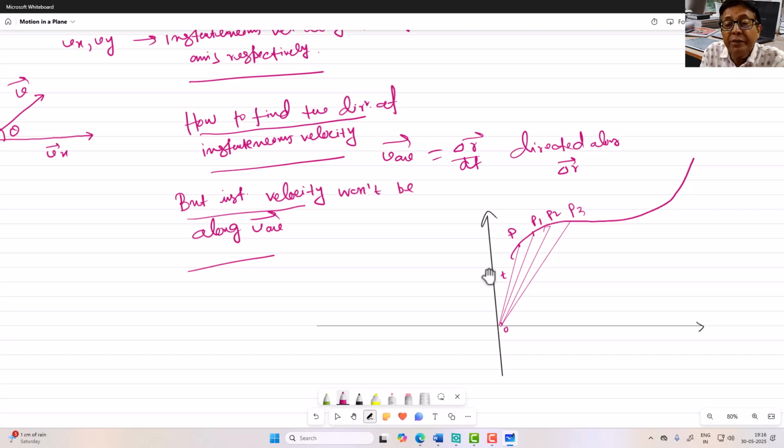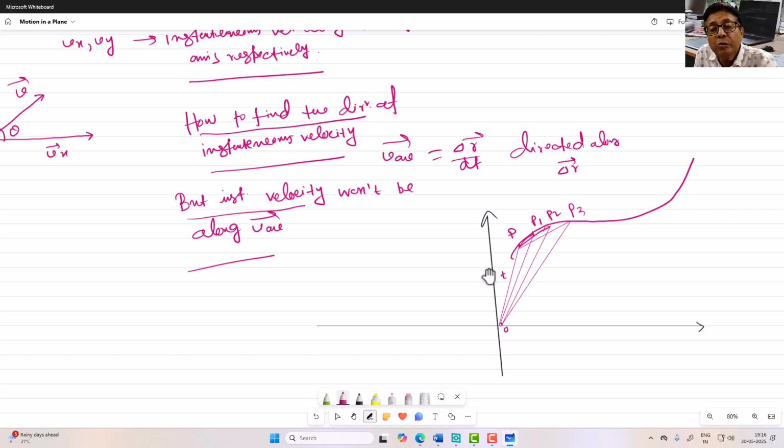Okay, the time required from P to P1 is delta t1, from P to P2 is delta t2, and to P3 is delta t3.